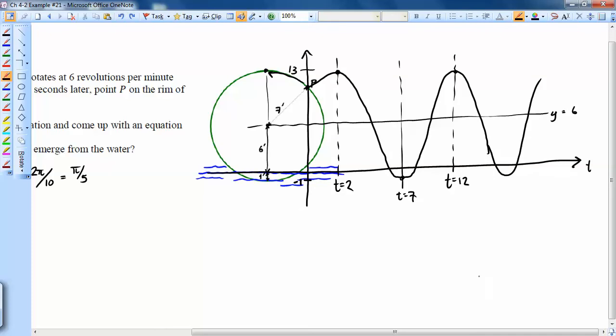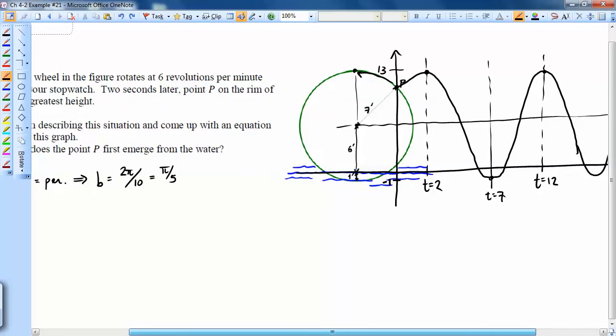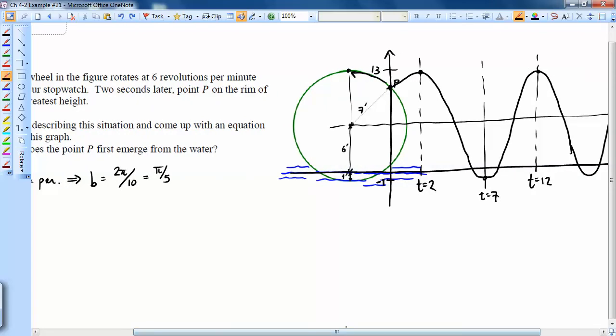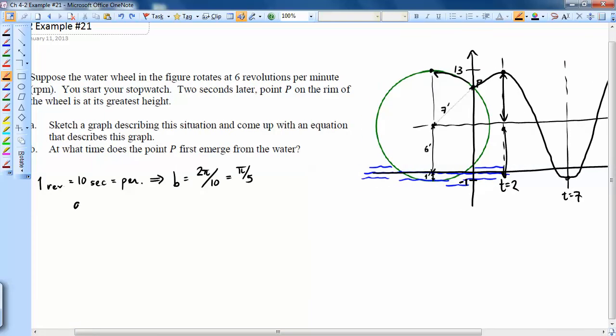All right, so we've got the period, and we've got our B. The amplitude of this thing is how much it got stretched up and stretched down. So it's stretched up and stretched down by 7. So amplitude A is going to be 7, which is the same as vertical stretch.